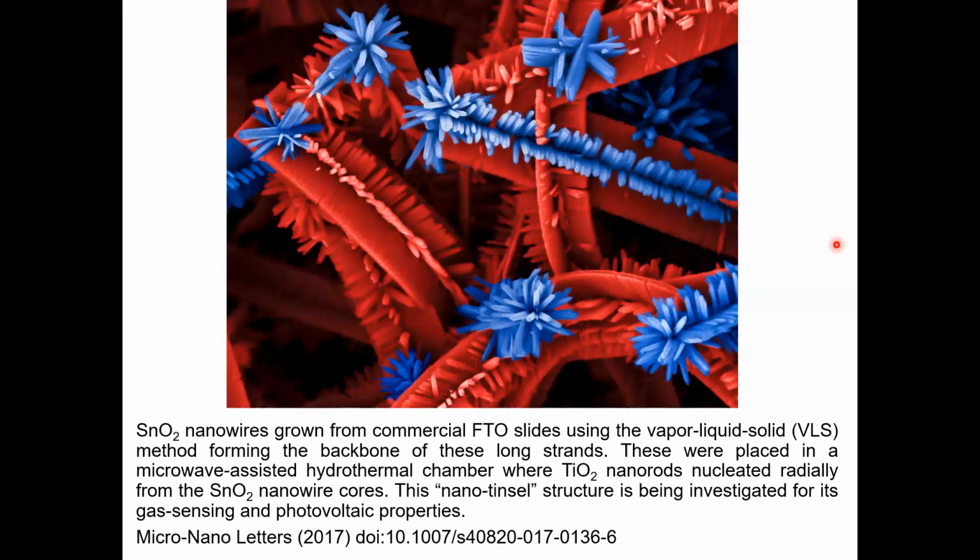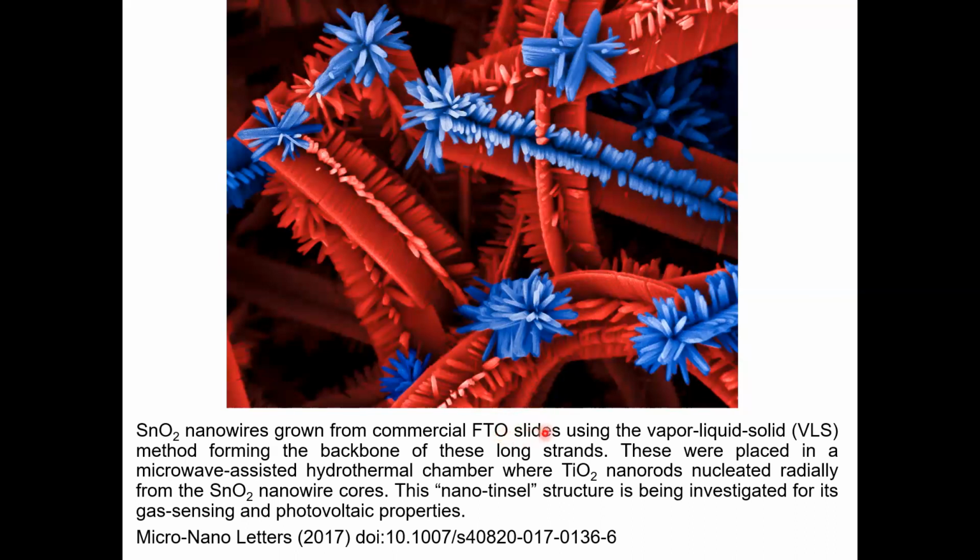So far I have shown you that I either grow or etch nanofibers and nanostructures of the same material as the substrate that I start with. There is some work done by another of my students, where first tin dioxide nanowires were grown on commercial fluorine-doped tin oxide slides.